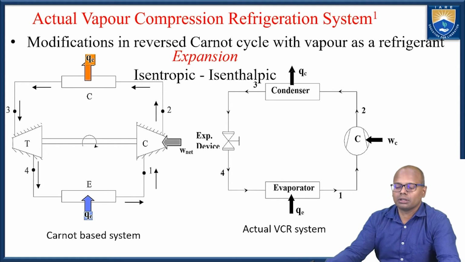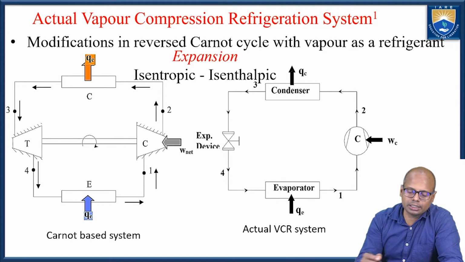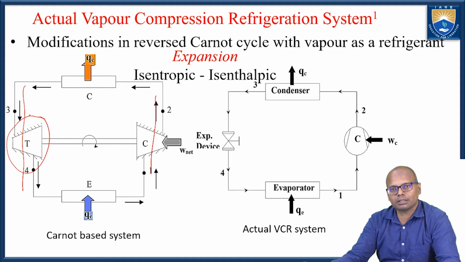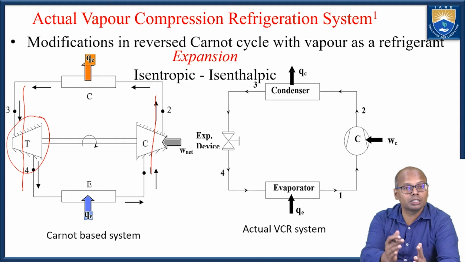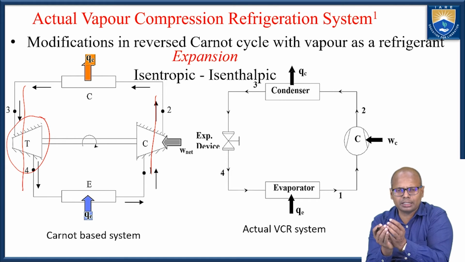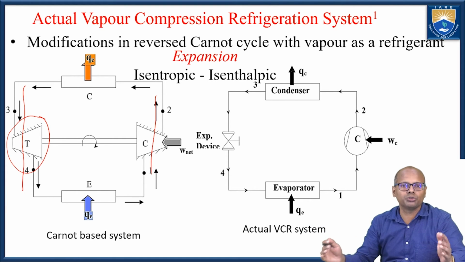So here, as I already told, this is the liquid side, and this is the vapor side. When I am using the liquid and try to extract some work, I will get very negligible work. But the equipment size is too high. So the equipment size is too high, and the work I am extracting is very little. So, very little work from a very huge space.